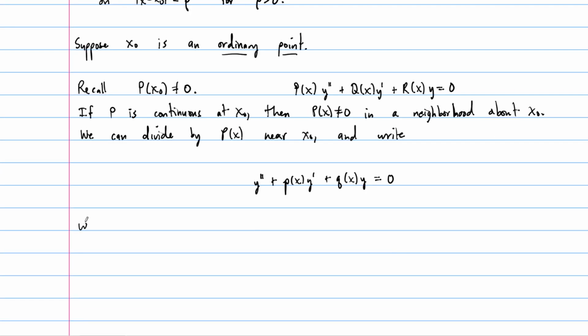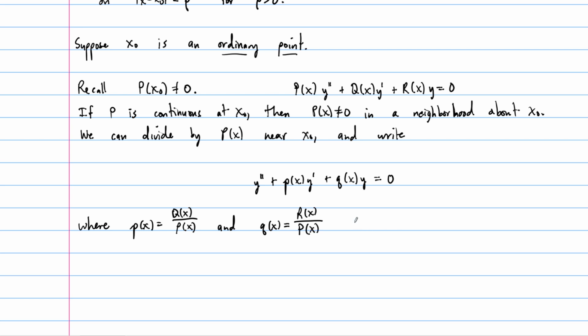And so we're going to assume then, and it works out, but we're not going to go through all the details here, that little p of x equals our old functions, right? So capital Q of x divided by capital P of x, and little q of x equals capital R of x over capital P of x.